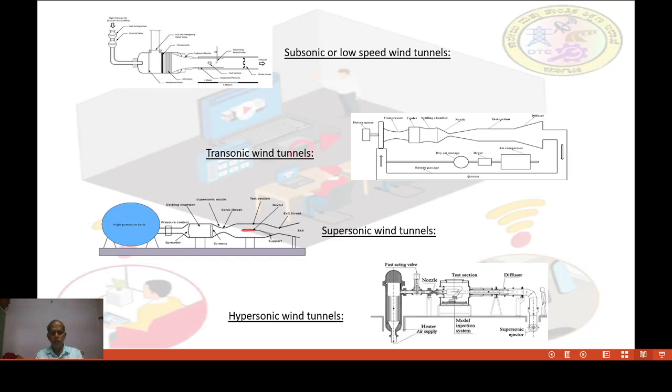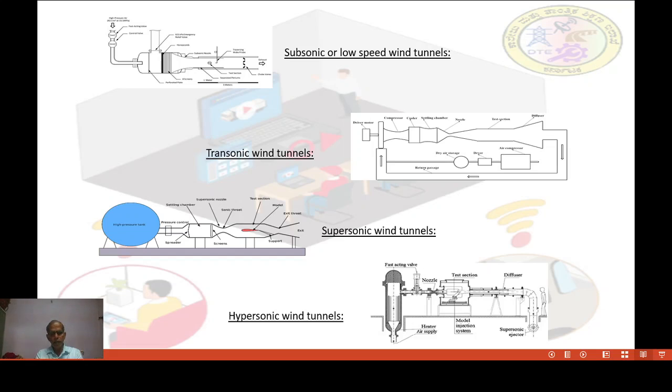Here the wind velocity in the test section of such types of wind tunnels can be between Mach number 5 to Mach number 15. If it is in kilometers, 18,522 kilometers per hour.